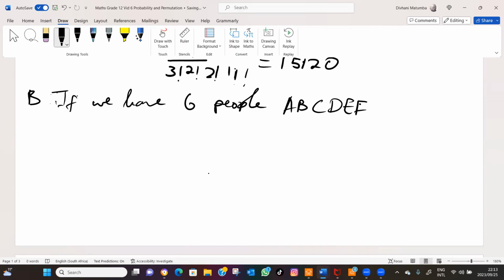And we want to combine and form groups of two. How many groups of two can we form?